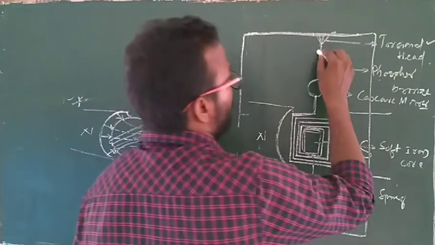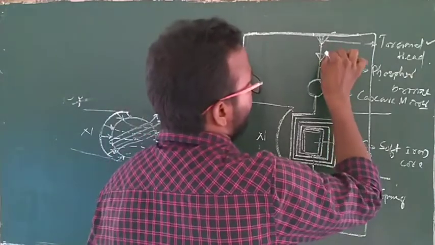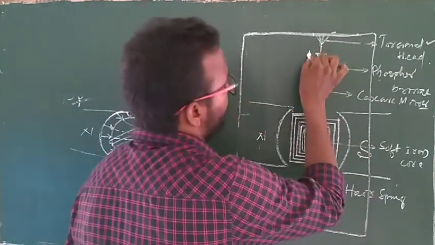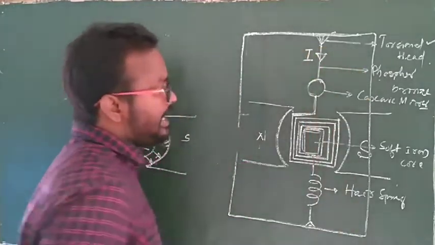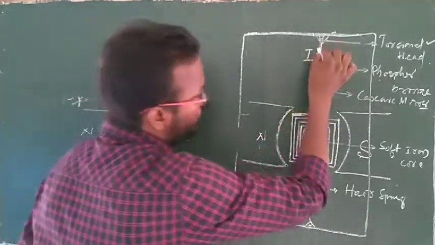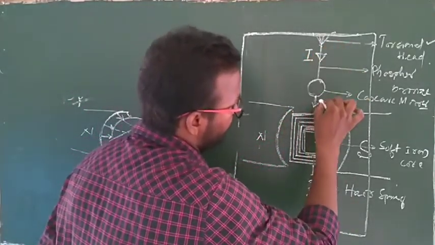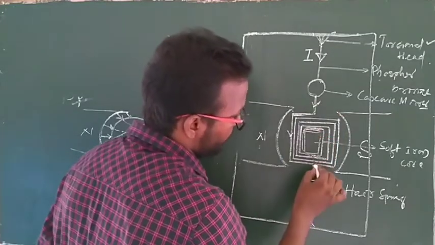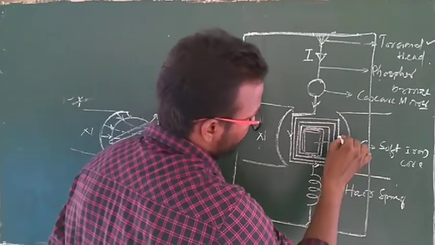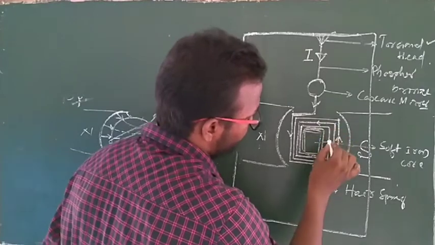If we flow a current I through the coil in this way, this is the direction of flow of current through the coil. Clear? Okay.